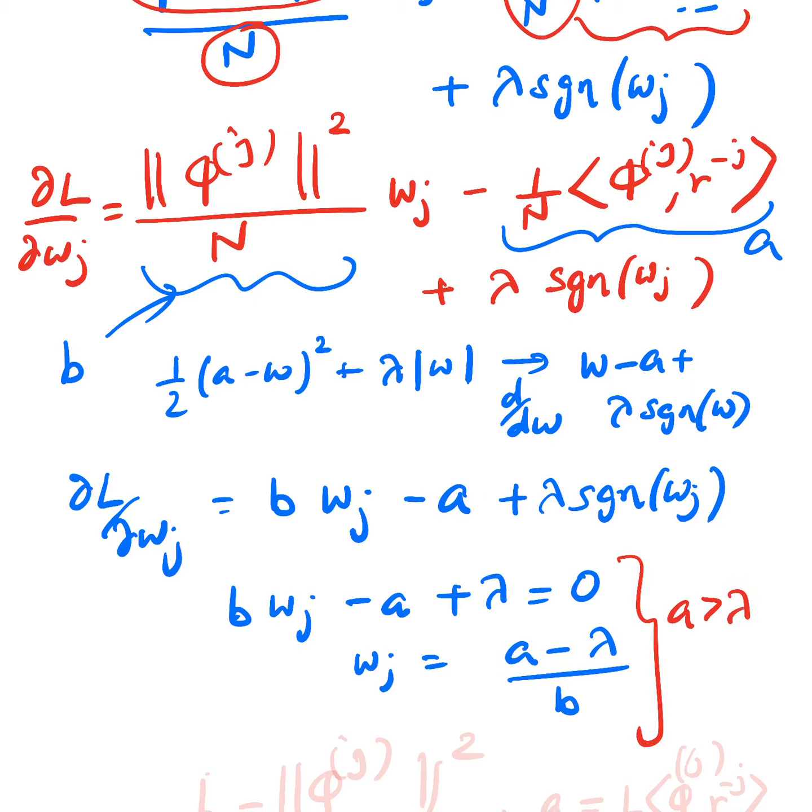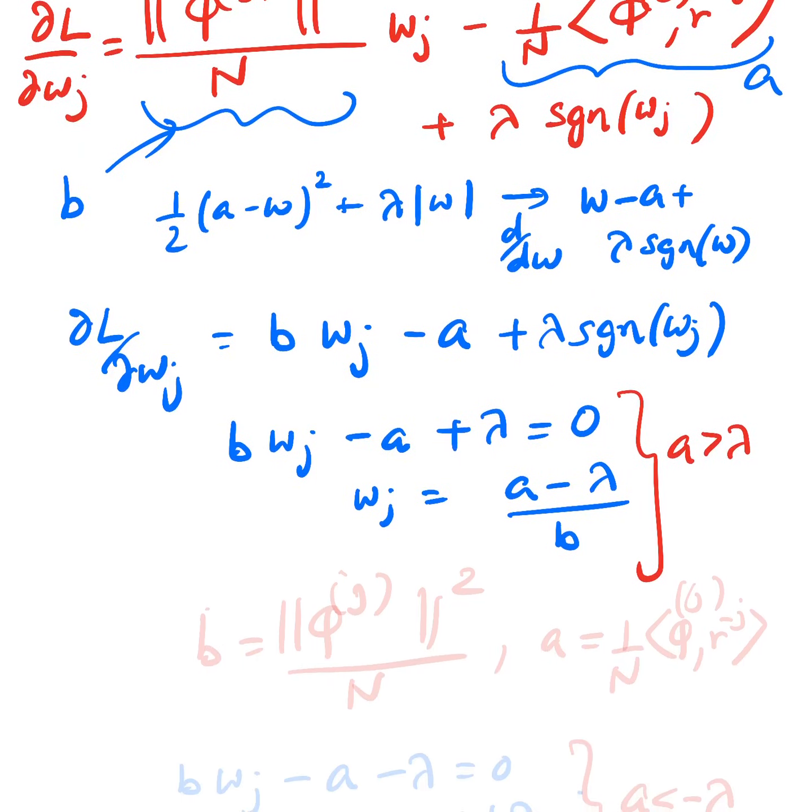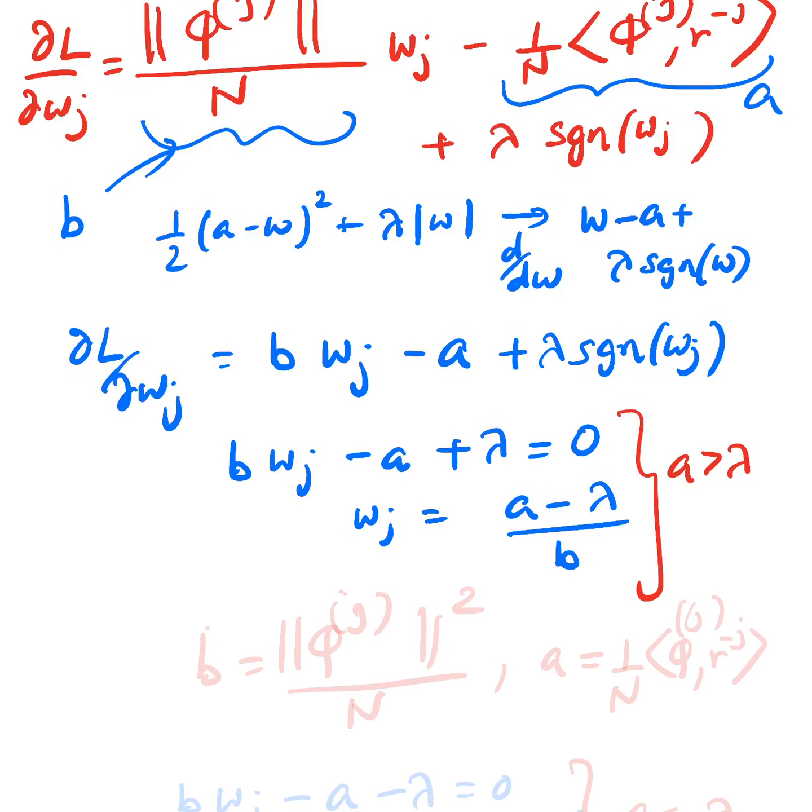That's when you will get wj positive. Remember, b is positive already. B is bigger than or equal to 0 because b is this energy normalized by n. So b is phi j squared divided by n, and a, I already said, is 1 over n, the inner product of the jth vector and the residual due to all the other guys.